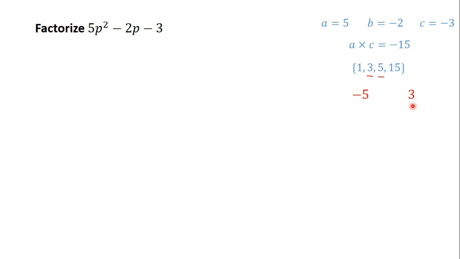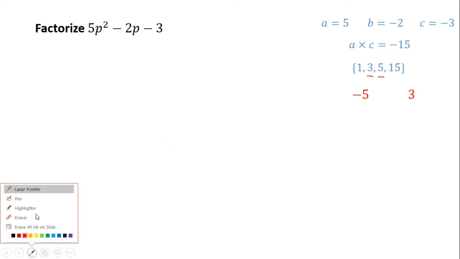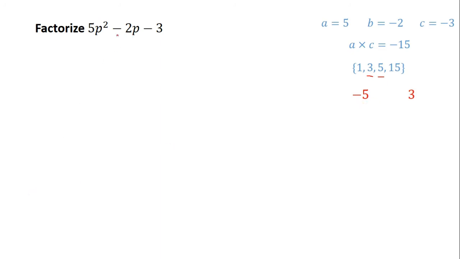After finding these two numbers, we are going to use them to replace b. B is minus 2. So we are going to replace minus 2p with minus 5p and 3p.